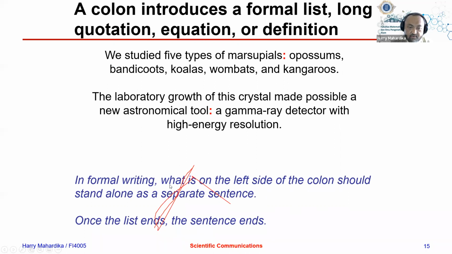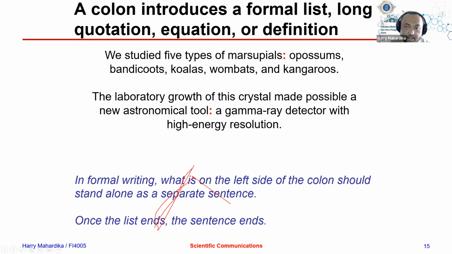But the main point is that in formal writing, what is on the left side of the colon should stand alone as a separate sentence. Once the list ends, the sentence ends. So in formal writing, usually the head of the sentence is placed on the left part, whereas the right side of the colon gives us the descriptions or the details of what is written previously.